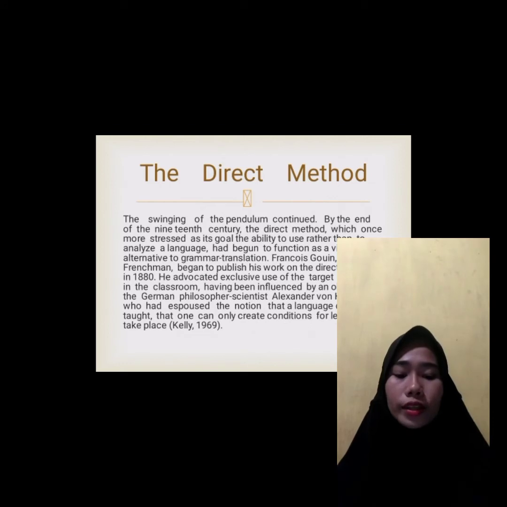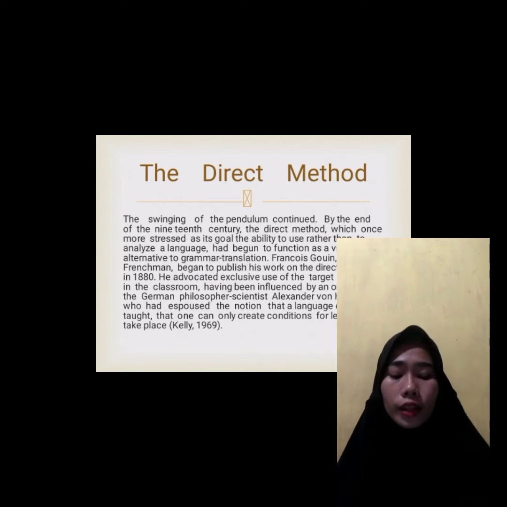2. The direct method. The swing of the pendulum continued by the end of the 19th century. The direct method, with its stress on the ability to use rather than to analyze a language as its goal, had begun to function as a viable alternative to grammar translation.